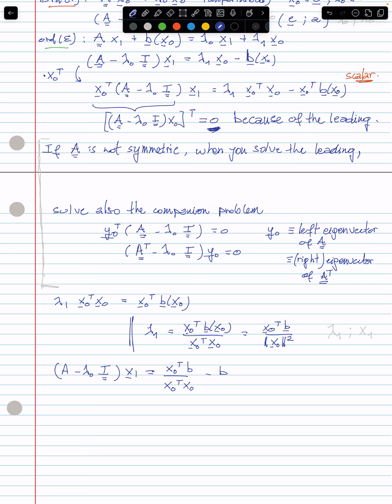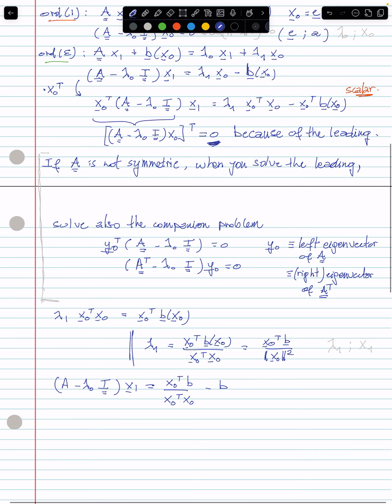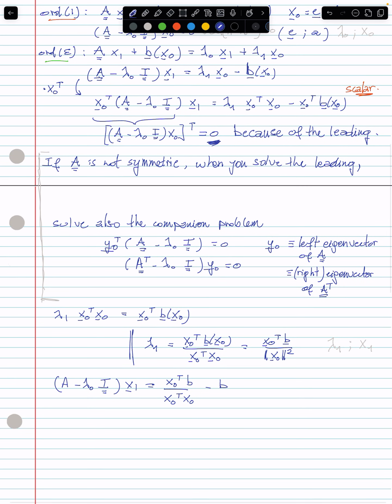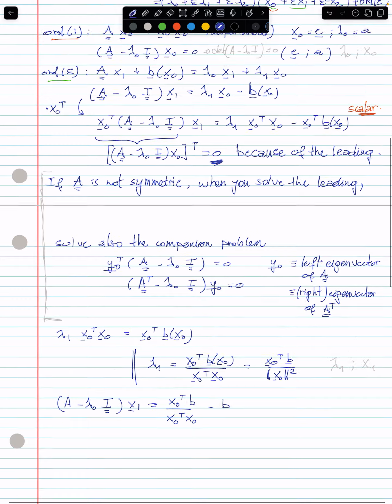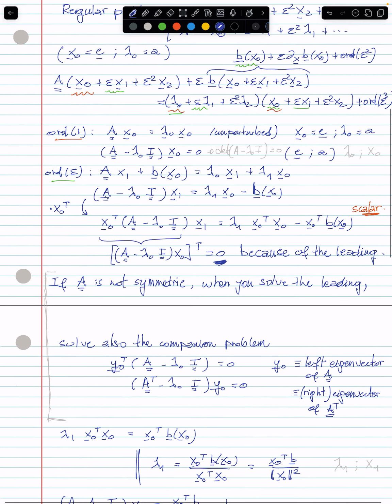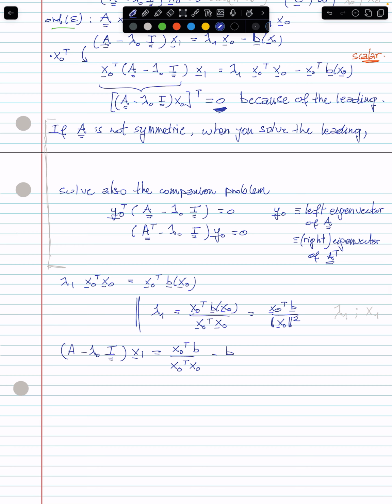Sorry, minus b. All right. And what is this? Well, this is in fact minus b minus x0 transposed b over x0 transposed x0.